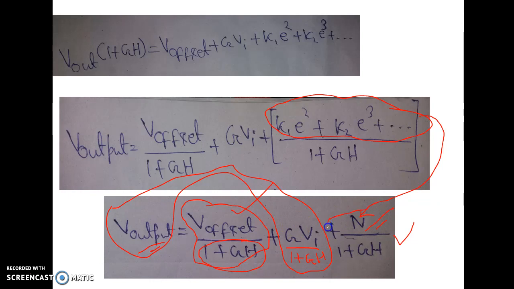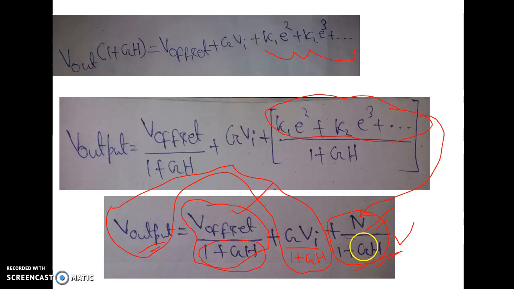And see the nonlinearity term. When feedback was not applied, then the nonlinearity factor was this one, K1 into E square plus K2 into E cube plus dot dot. But now the nonlinearity factor is N by 1 plus GH. That means nonlinearity is divided by 1 plus GH when we apply negative feedback scheme.